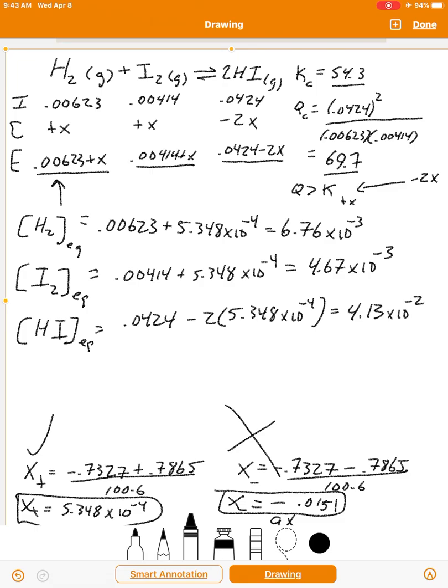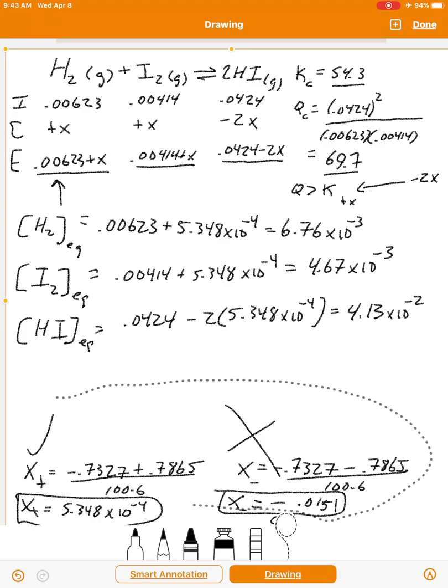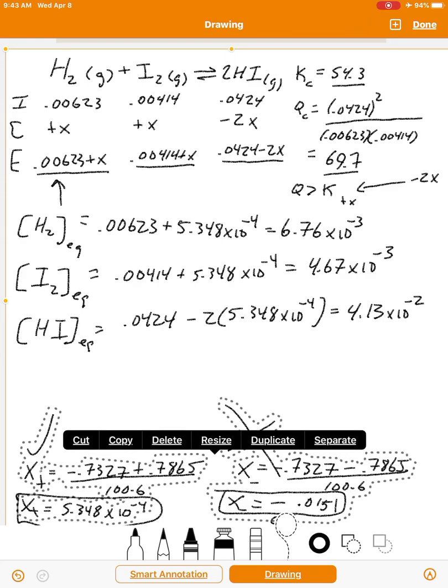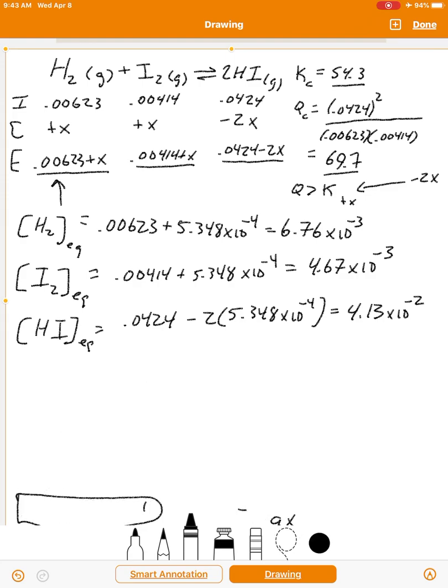Now, let's check to see whether those answers are reasonable. We've done a lot of work on this problem, so let's see if it's correct. The equilibrium constant is 54.3. So let's see if this works out.